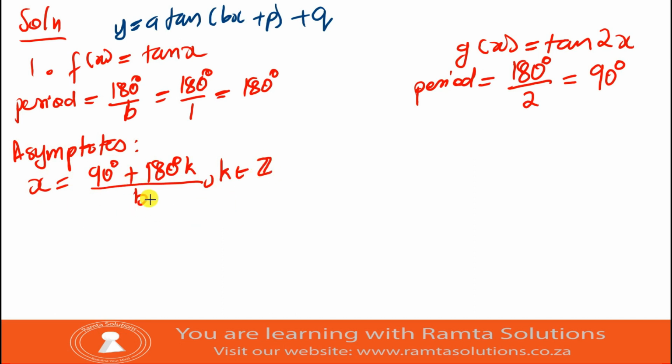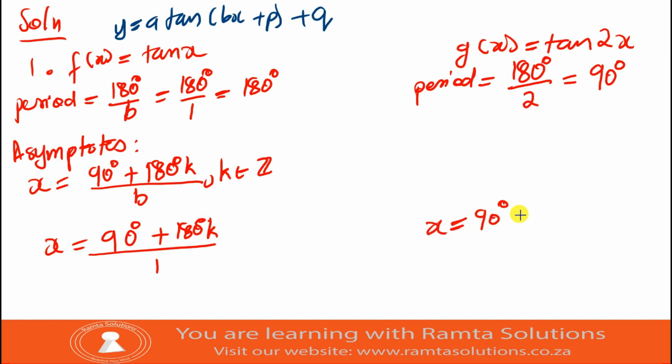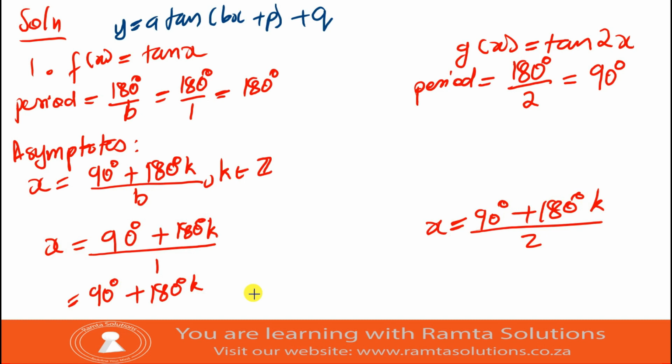I will begin with this one here. So this is x equals 90 degrees plus 180 degrees k over 1, while this one here is 90 degrees plus 180 degrees k all over 2. So this is basically 90 degrees plus 180 degrees k, while this one here is 45 degrees plus 90 degrees k.